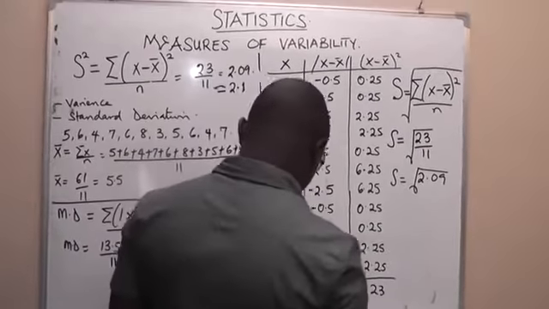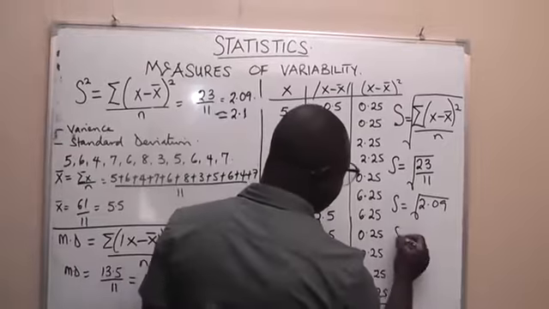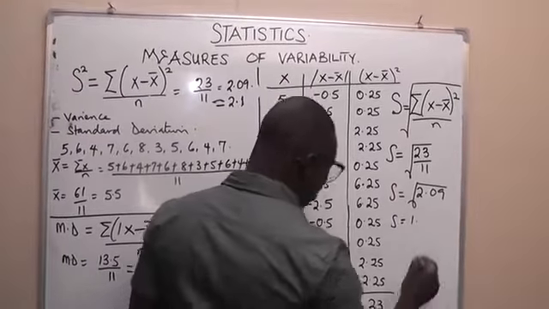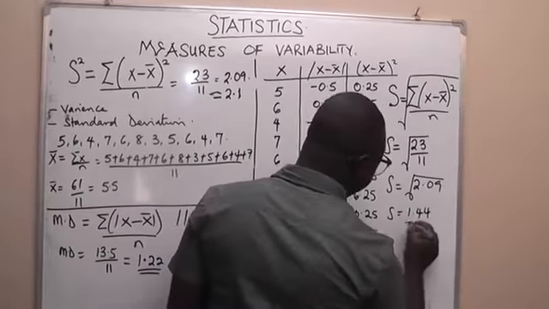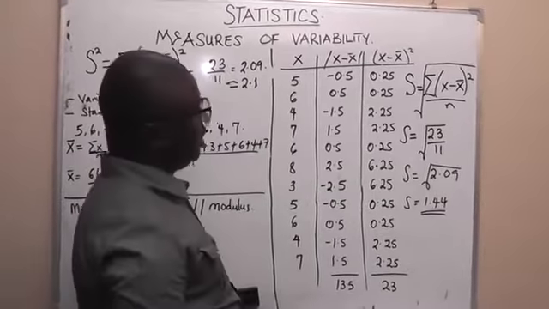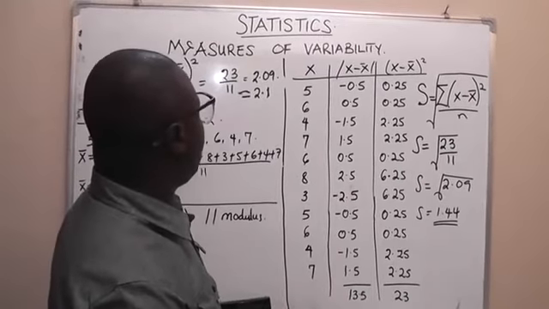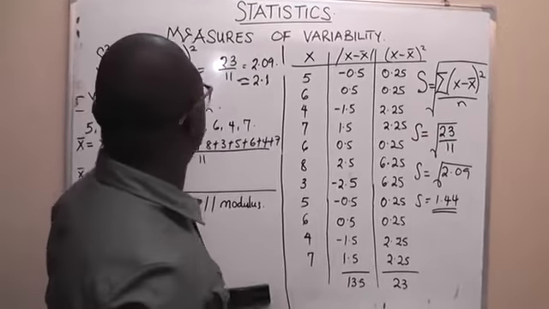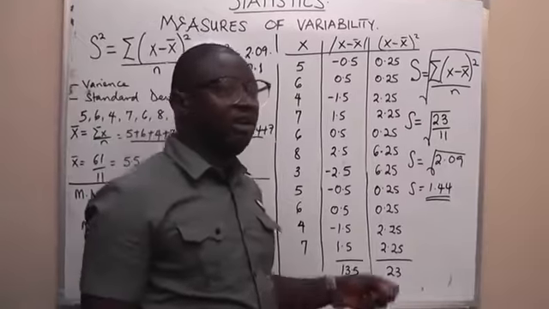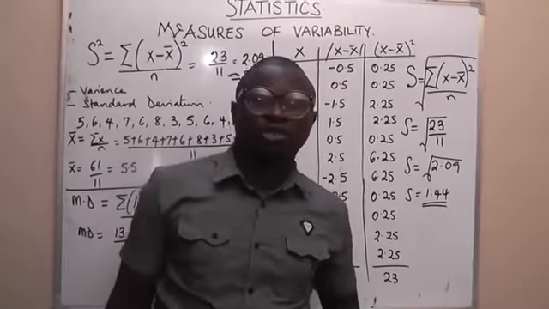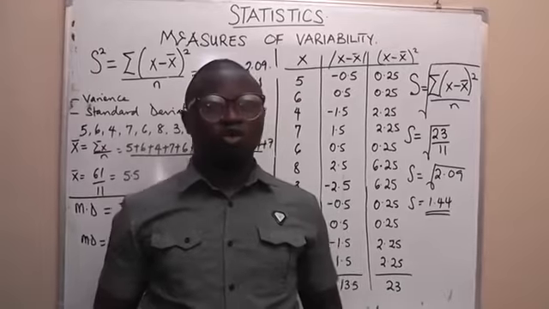And then your answer, if you do that, will be 1.44. So that is basically how to go about mean deviation, variance, and standard deviation, particularly when it has to do with ungrouped data.